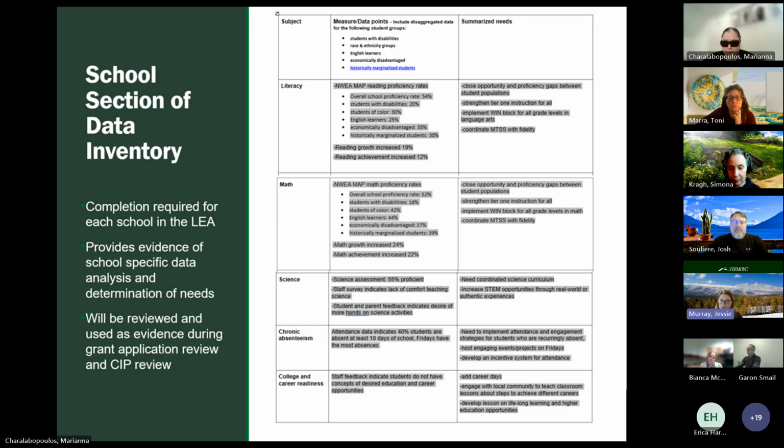So the results and data should be school specific, even if it's similar to what the LEA's data says. So just to summarize, overall, each LEA will have one data inventory within which, under part 3, the school specific section, you will include a completed table for each school within the LEA.